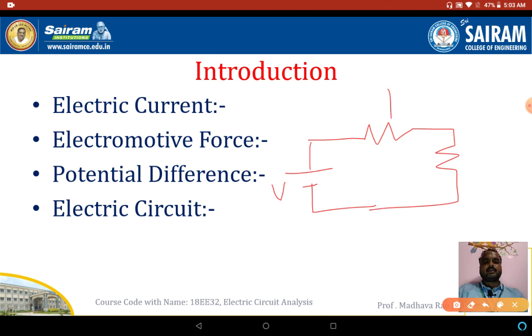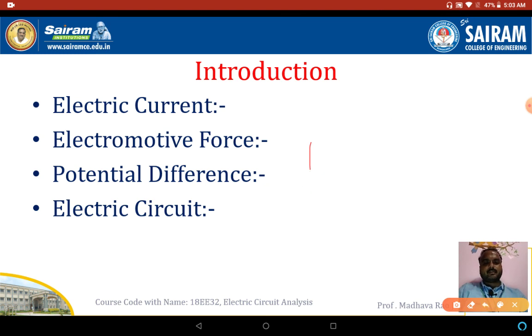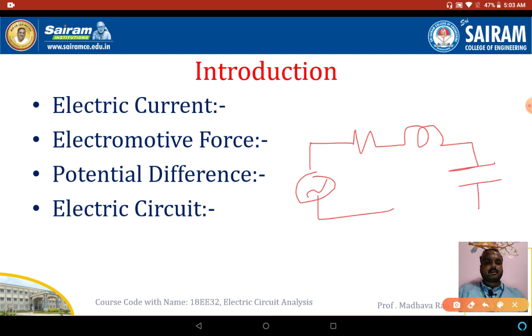An AC circuit has a variable voltage source with resistor, inductor and capacitors. This type of circuit we call an AC circuit.